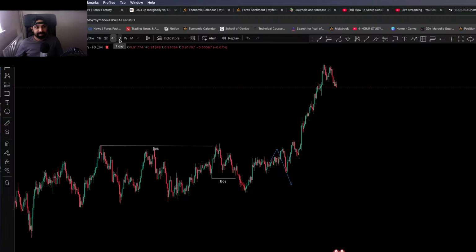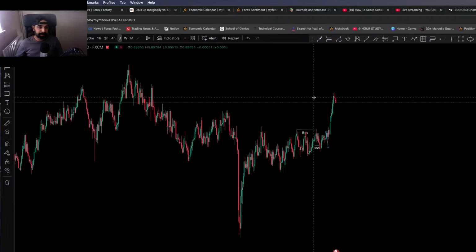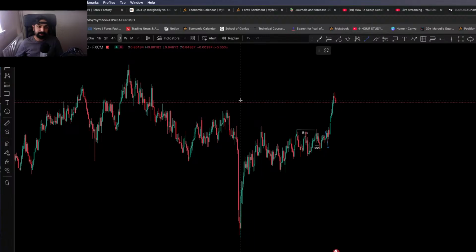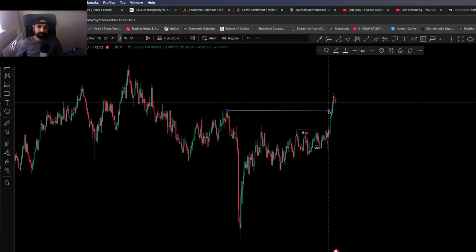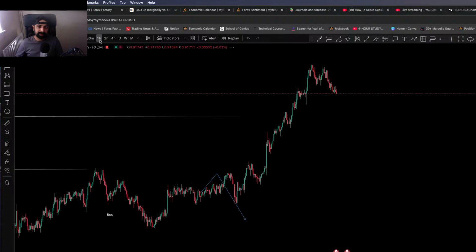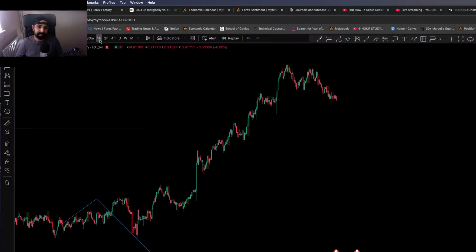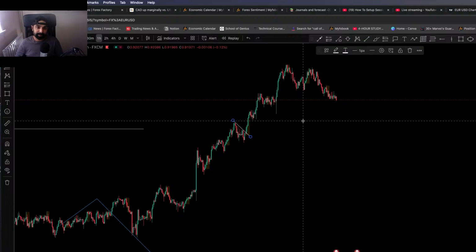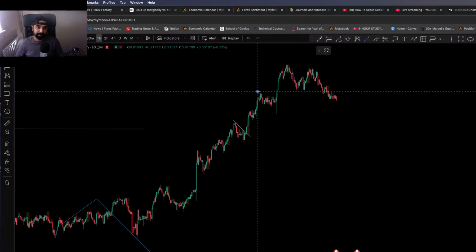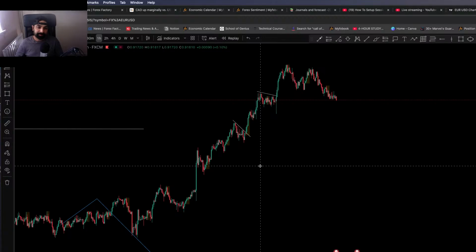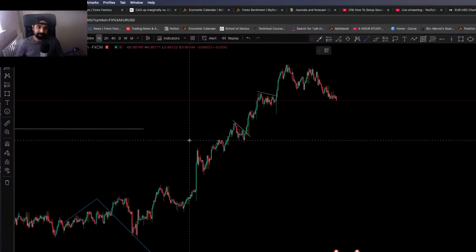AUD CAD. Looking at this pair, it's been grabbing a lot of liquidity. The trend on this one, I would actually avoid it. You've seen a lot of flag patterns here, and another one here, but not the best.